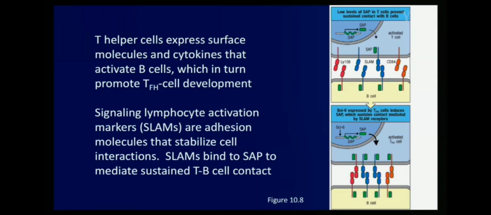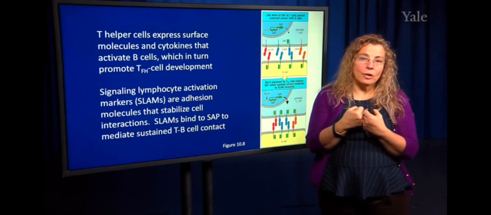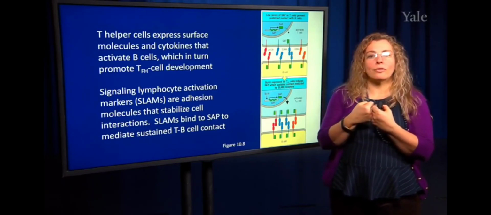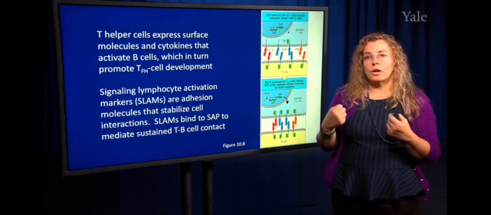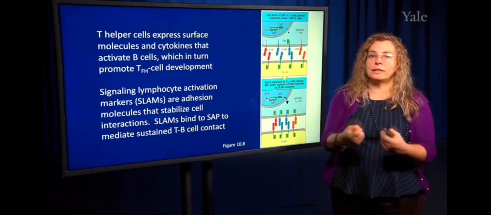So once a T cell sees antigen, it will upregulate SAP, and this allows the T cell and the B cell to stick together very well, because they need to interact for a long time in order for the B cell to really get the help from the T cell that it needs.